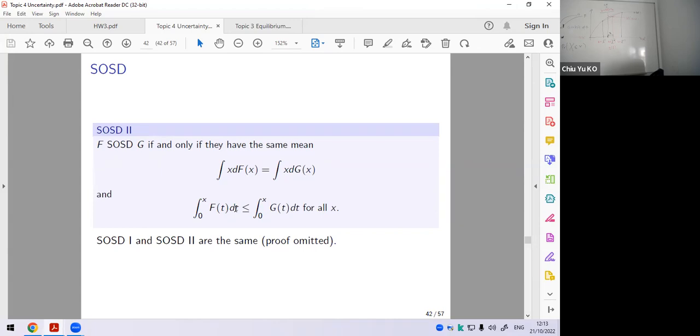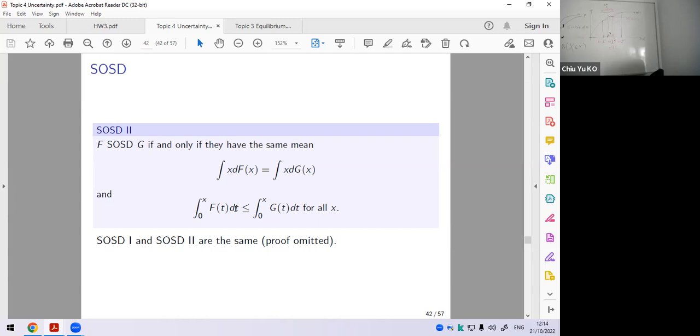At any point, look at this area for F and this area for G. The area for F is less than the area of G. As you keep moving, the cumulative area from F is less than G. So the area up to any point of F is less than G. That is what it means, and if that is the case, then yes.